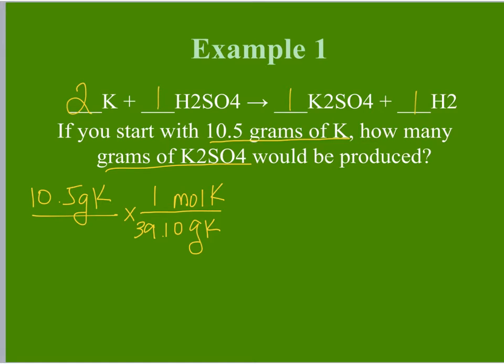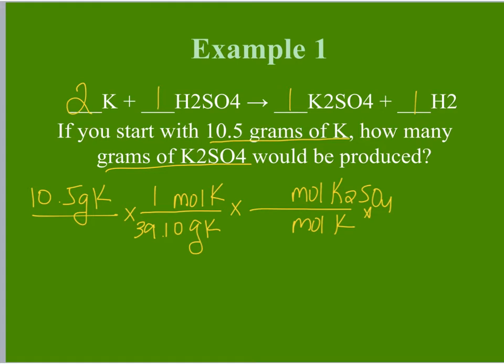Now we need to go from moles of compound A to moles of compound B. I am going to convert from moles of K to moles of K2SO4. Now, this is the situation where we use that balanced equation.